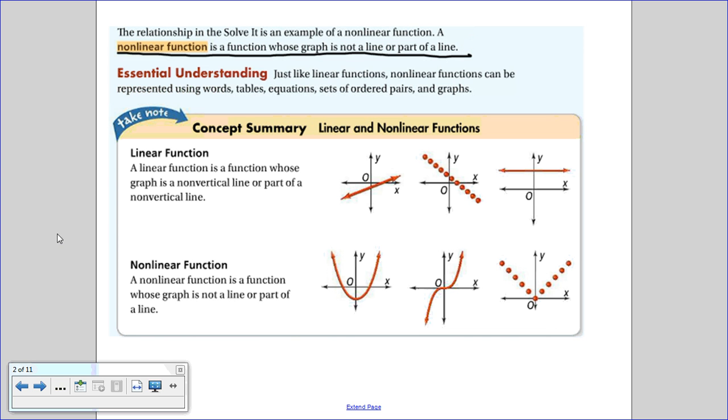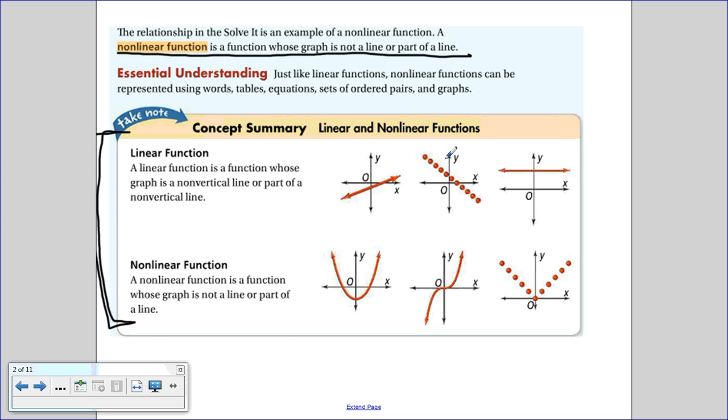So this chart is a really good example of the differences. A linear function is something that obviously looks like a line. A nonlinear function is something that is not like a line. So it's got some kind of a curve in it. It could be two lines that come to a corner, and then it shoots off to another line.